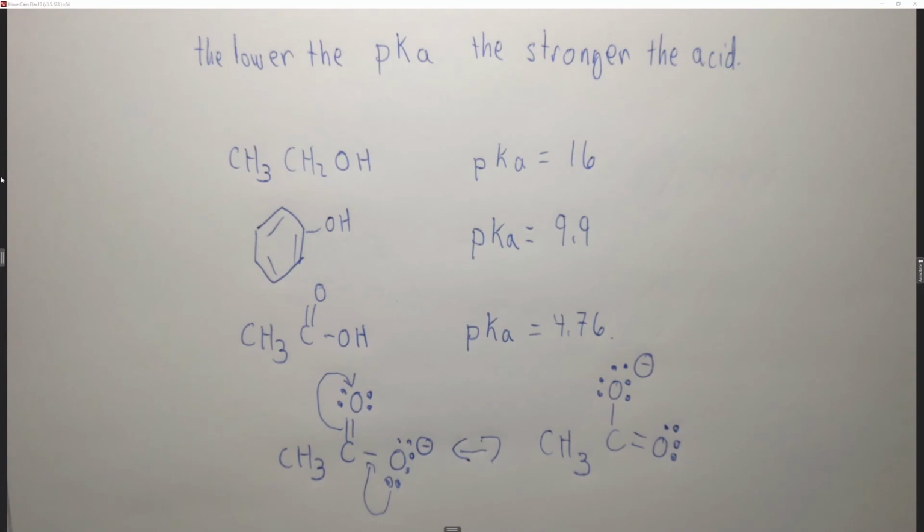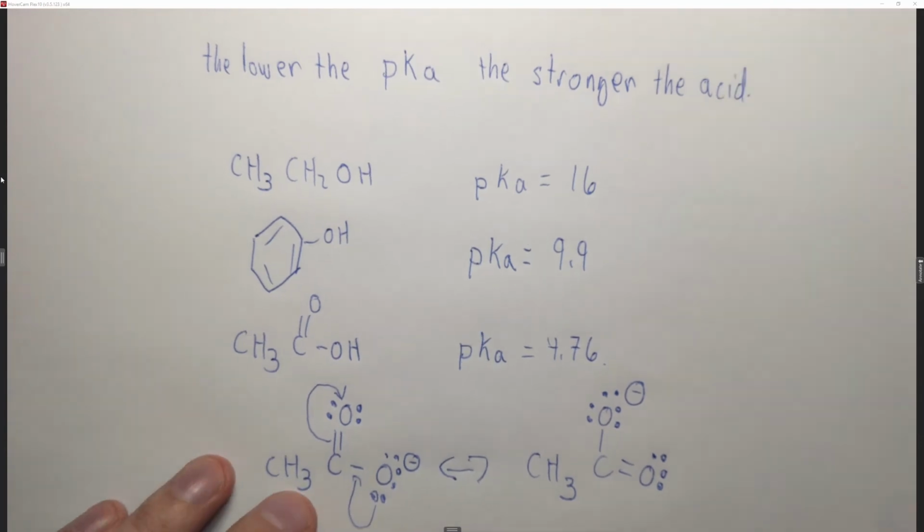Now, if we look at an example of how we can look at pKa's, what can we do if we have different groups attached to these carboxylic acids? So let's take an example here.